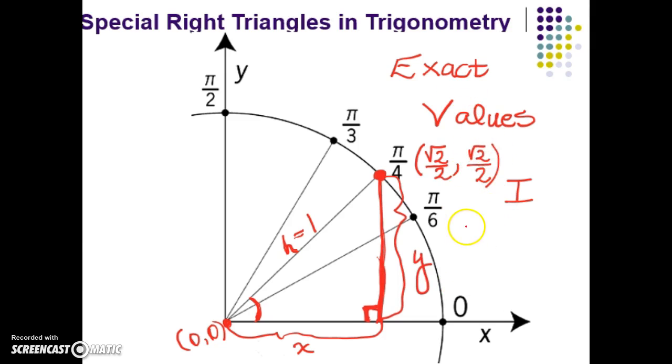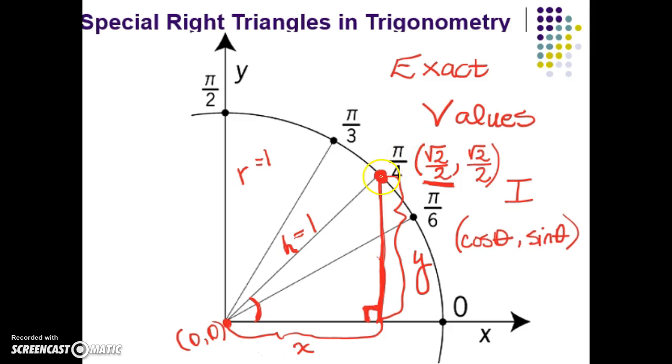And what is so interesting about this, because our radius is 1, it turns out that the x coordinate of these exact values in the plane at our angle measures on the surface of this circle will always be the cosine of theta, and the y coordinate will be the sine of theta.